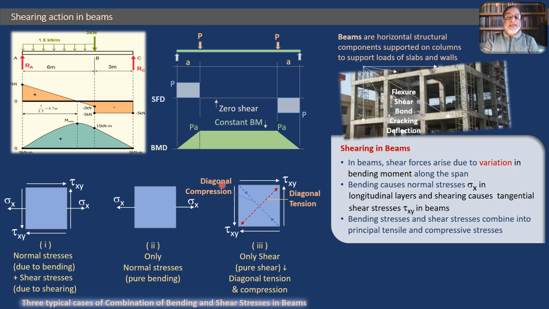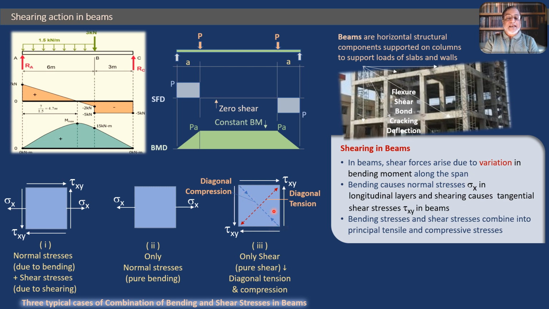Now we will analyze this pure shear element a little bit more. If this element is subjected to only shearing stresses, due to the action of the shear stresses in the direction of the arrow tips, you will find that this diagonal of the element will get elongated or stretched, whereas the other diagonal will get contracted.